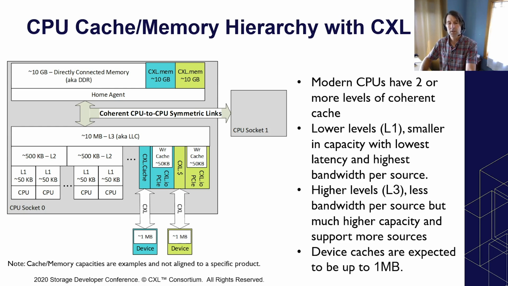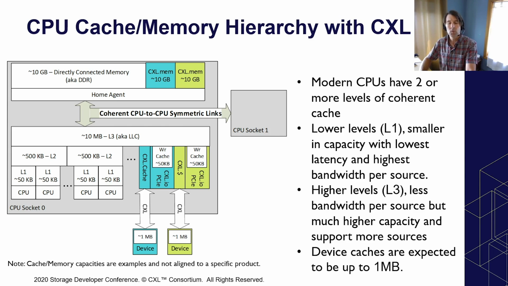Home agent logic is the logic that sits in front of the memory that's connected to the CPU. And it also resolves conflicts if there are multiple last level caches that are trying to access and cache the same address at the same time.